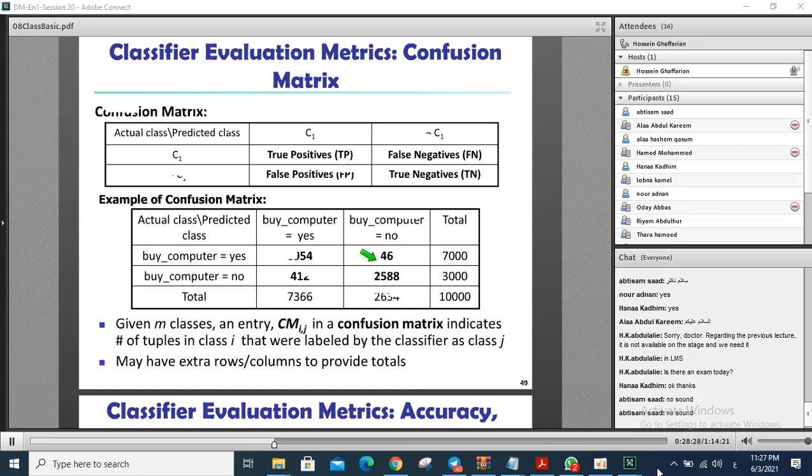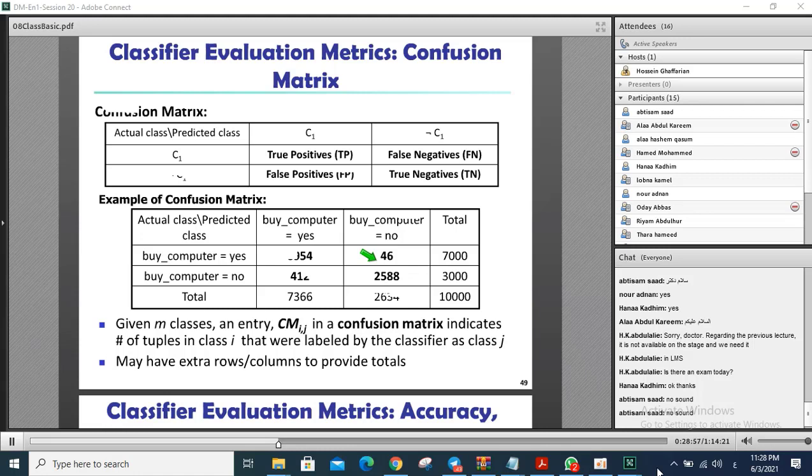46 of them have the class buying computer, but our prediction is not true. Our prediction is that those tuples belong to no buying computers, and so on.